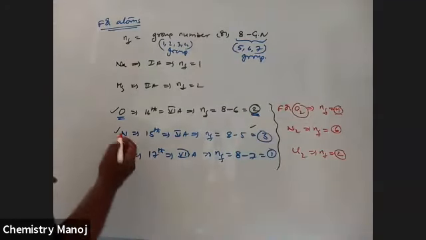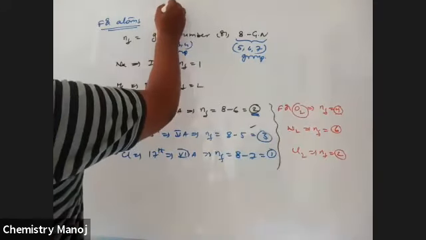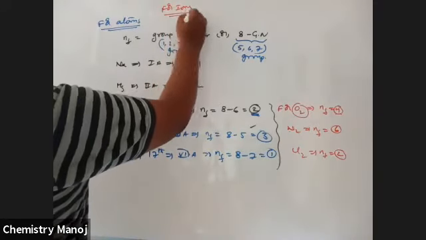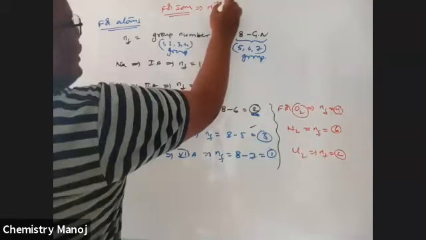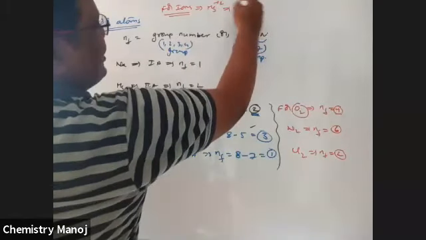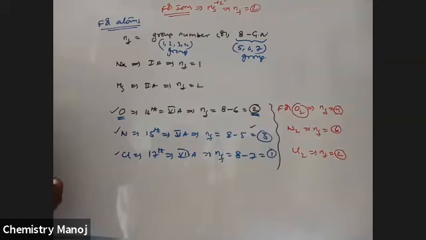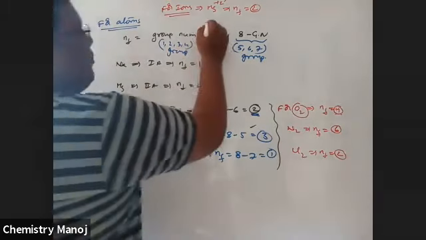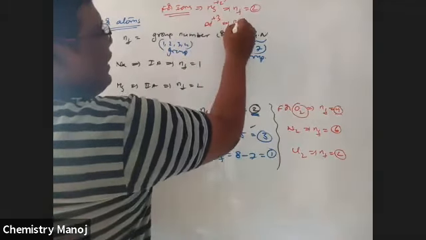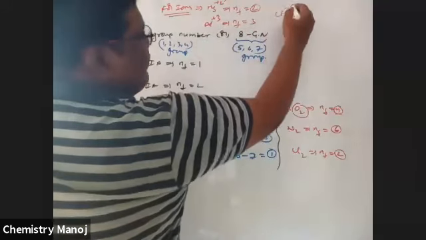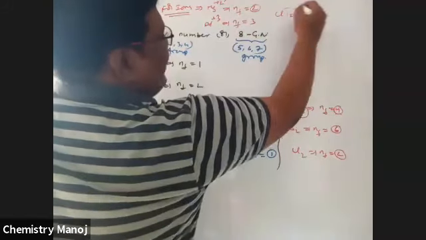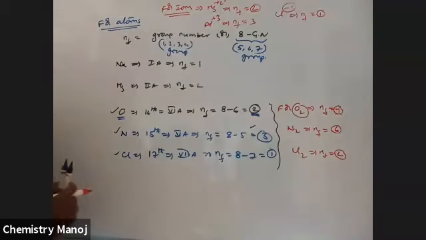Next, similarly, for ions, for example Mg plus 2, the N factor is equal to its charge. For Al plus 3 ion, the N factor is equal to 3. For Cl minus ion, the N factor is equal to 1, the magnitude of the charge.